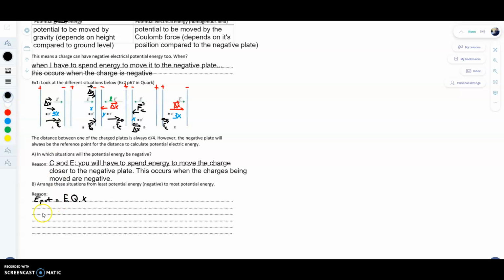Which one of these wins out? In this case, E is the most negative situation because your distance matters more than the larger magnitude of your electric field.